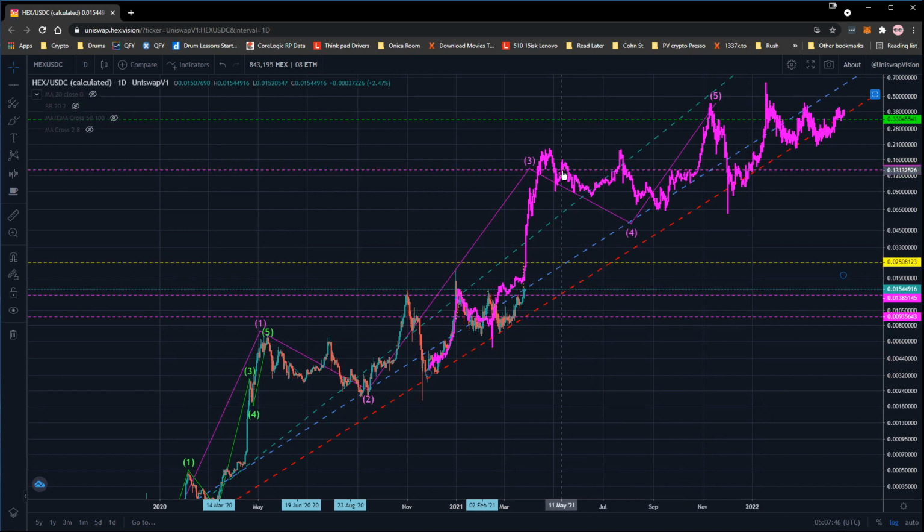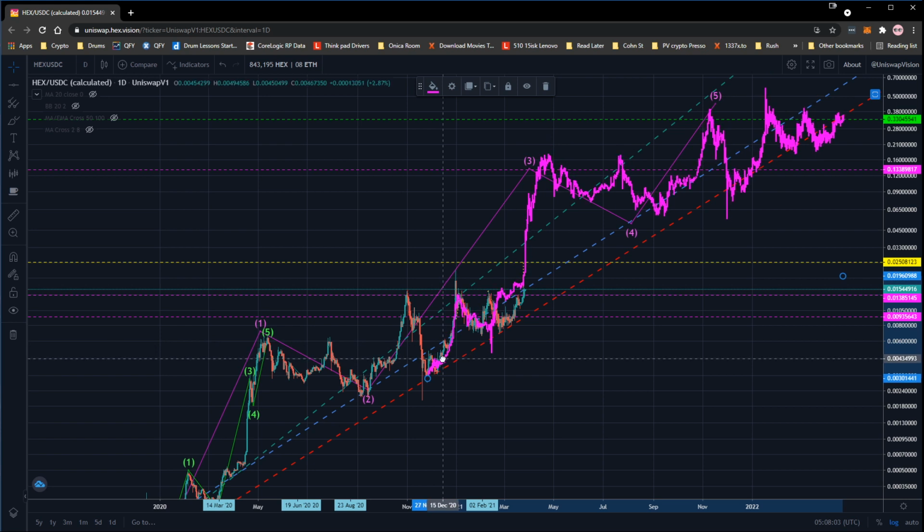But just for trying to pick levels and things like that, this may be something worth looking at, where the top of this leg here, this leg up here, this third wave is sitting around that sort of 13-ish mark, depending on where you move these two up or down. But I sort of just drew in a bit of a line there where it may actually sit and hold.